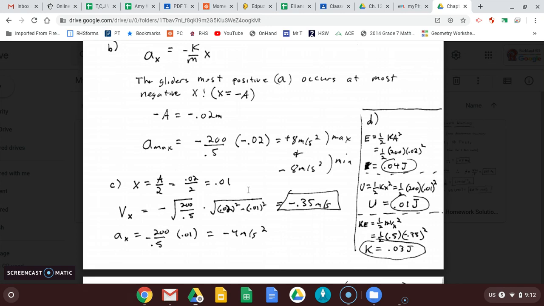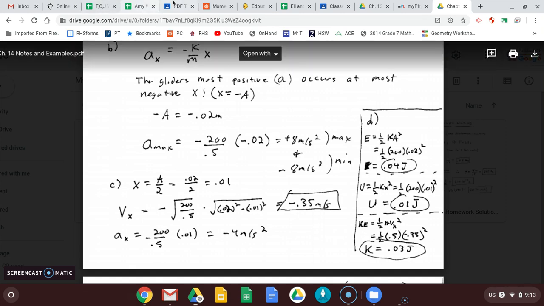We use the same formulas we used in part A and part B, and everywhere I plugged in 0.02 in parts A and B, I'm just going to simply plug in 0.01. And doing that, we'll get for the velocity negative 0.35 meters per second, and the acceleration negative 0.4, no, negative 4, not 0.4, excuse me, negative 4 meters per second squared.